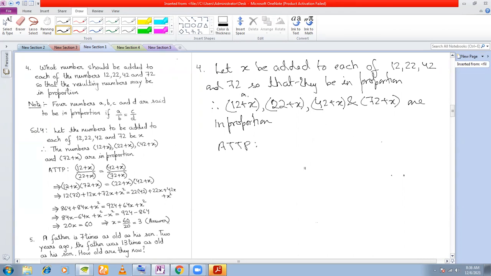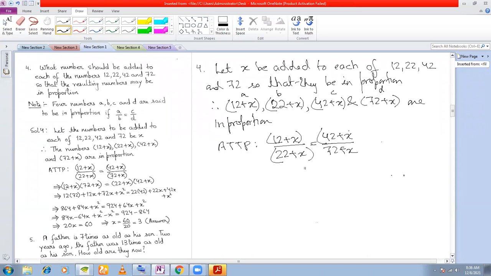If you consider this as your A, this as your B, this as your C, this as your D, A by B must be equal to C by D, right? So A by B must be equal to C by D. Now tell me if this is okay. It's fine? No question?